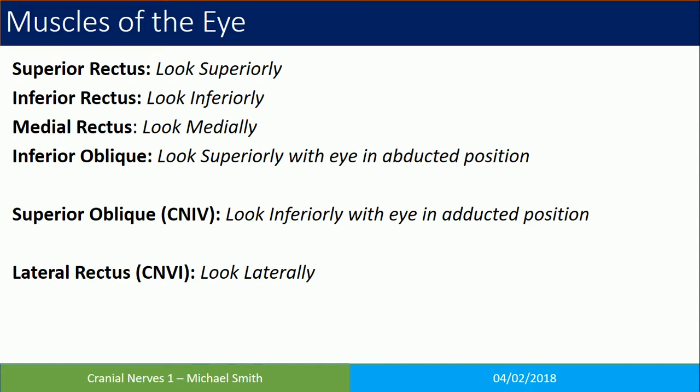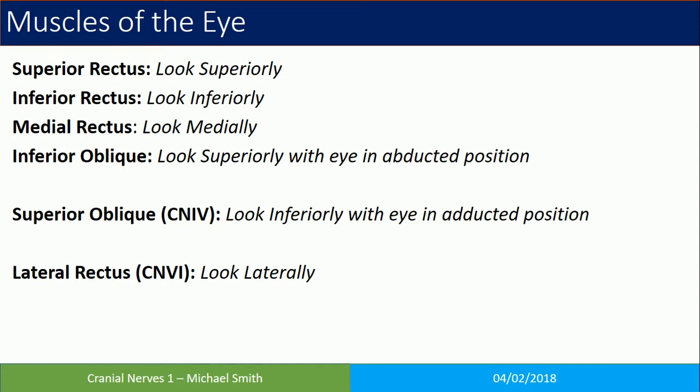We then have our inferior oblique and superior oblique, which have slightly more confusing movements. They essentially don't move the eye at all in its normal position. But if you move the eye laterally, using our lateral rectus, meaning that the eye is in its abducted position, then the superior rectus is unable to pull the eye up effectively.